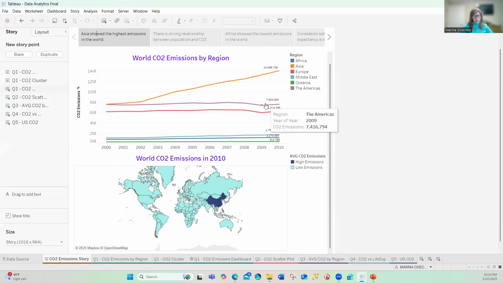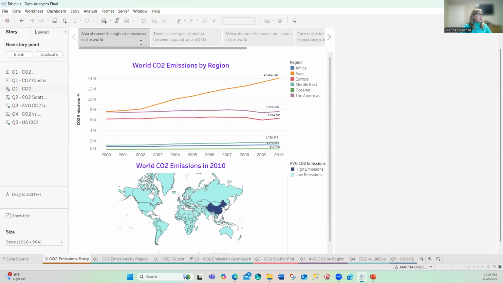Create a visualization of global CO2 emissions by region over time. Add global CO2 emissions in 2010, grouping countries into clusters based on their emissions levels, high versus low, and what country has the highest emissions. So in our first story, you see world CO2 emissions by region over time.